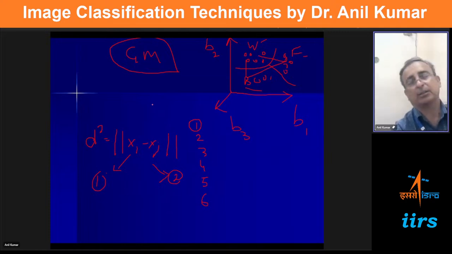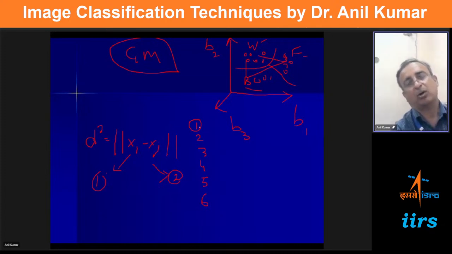If you're taking 2 bands, then any 2 bands can be considered. Basically you are calculating the distance between 2 classes. The classes can be 1 and 2 or 3. Any 2 classes you take at a time to find the distance, and that distance should be maximum. So the algorithm can tell what is the best combination out of 1 to 6 bands.